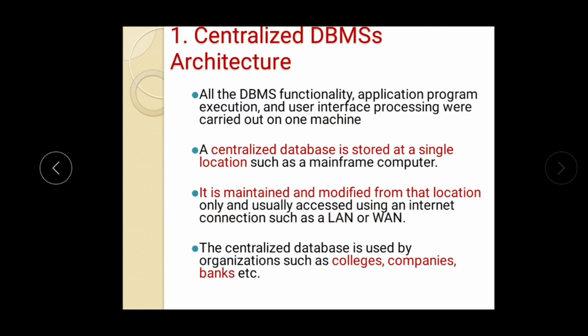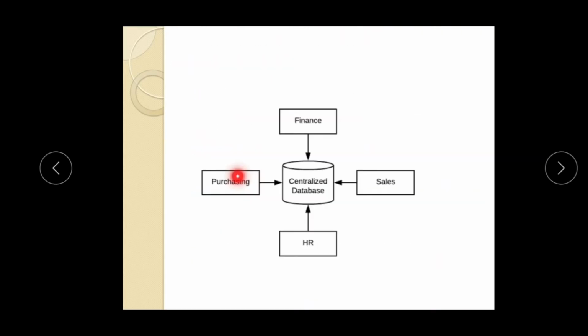All the persons who require data from this database must access this centralized database, and they are connected to it through LAN or any network, an interconnection network such as LAN or WAN. In the case of a campus management software in our college, we'll be using LAN to access that database. Okay, clear?